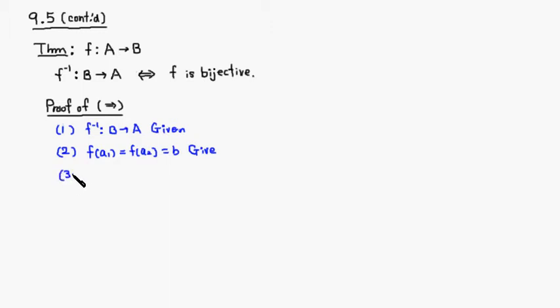All right, so let's do that. Line 3. Using the inverse relation, if a1 maps to b by f, then f inverse must map b back to a1. At the same time, since f of a2 is b, the f inverse of b must be equal to a2.